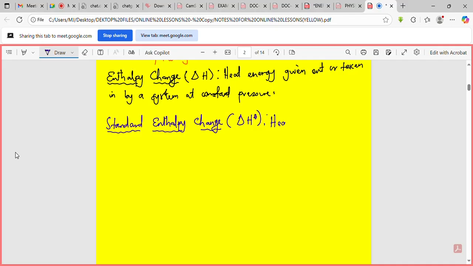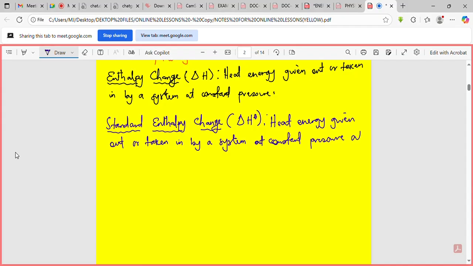We say that it is heat energy given out or taken in by a system at constant pressure at standard conditions.